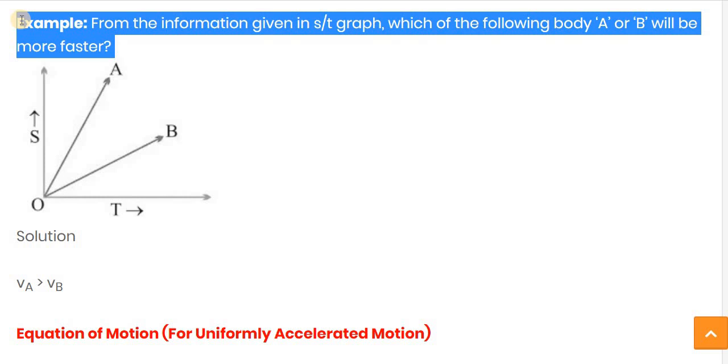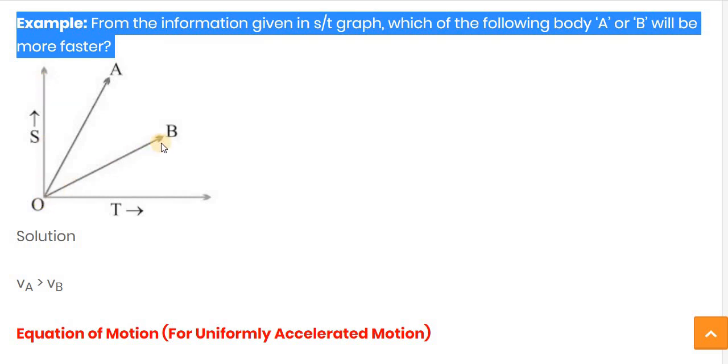Here the example is: from the information given in the distance versus time graph, which of the following bodies, A or B, will be faster? From the graph you can see that A covers this distance per interval of time.